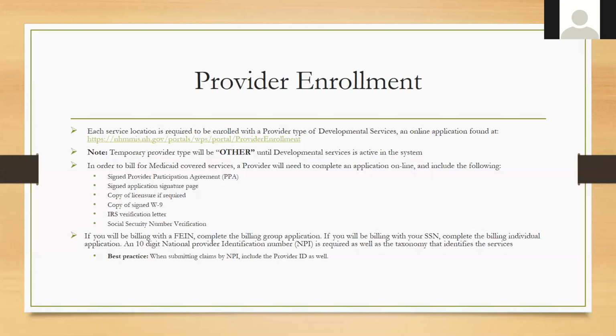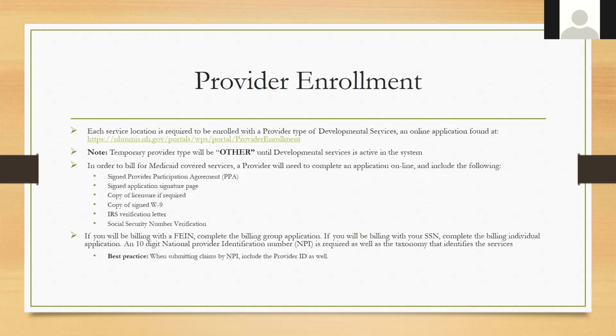That would be an instance where you would have that person become enrolled, and if that is a person that is going to be utilized to provide multiple services. That was the distinction I was trying to make between a group and an individual.